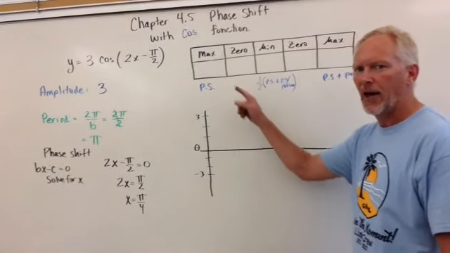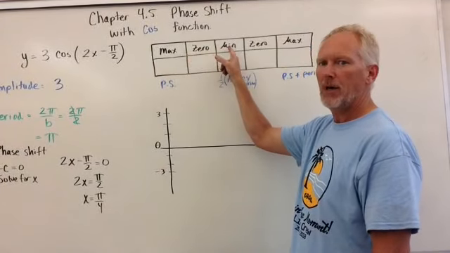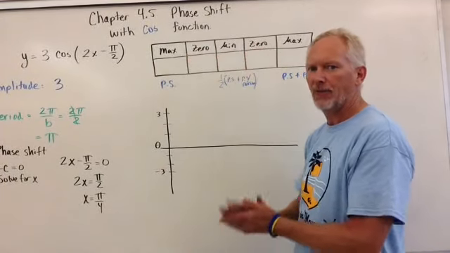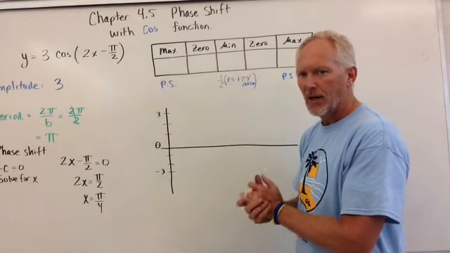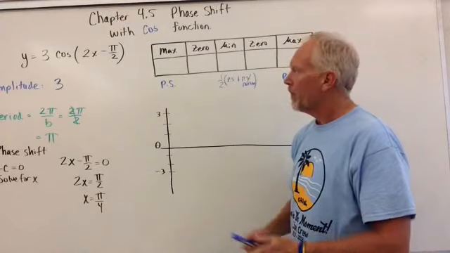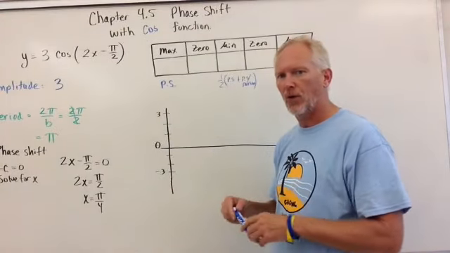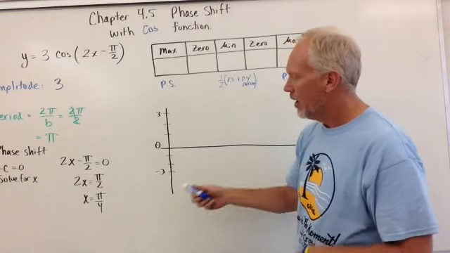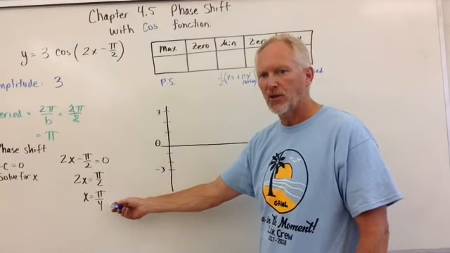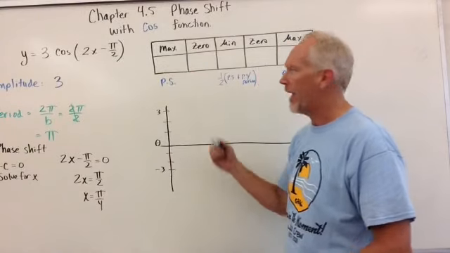We need to plug in some values for our five key points: max, 0, min, 0, max. And we understand from before that wherever that phase shift is, that's the new start, or that new 0. So since my phase shift was at pi over 4, that's where my first max is.